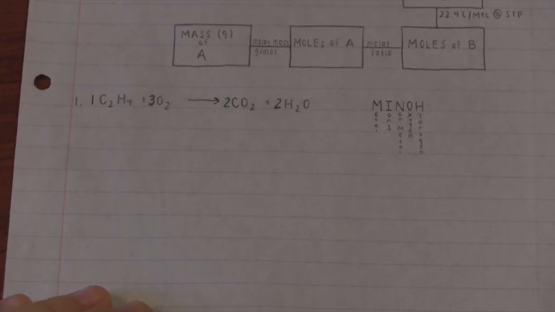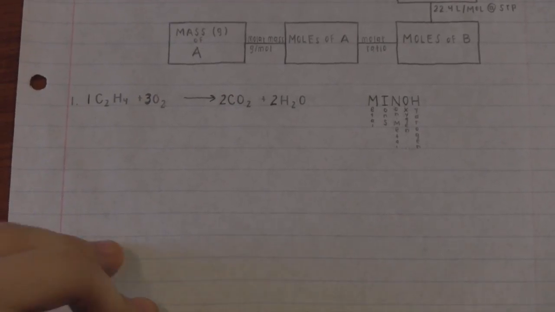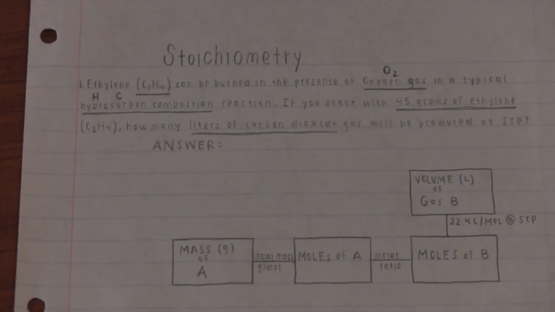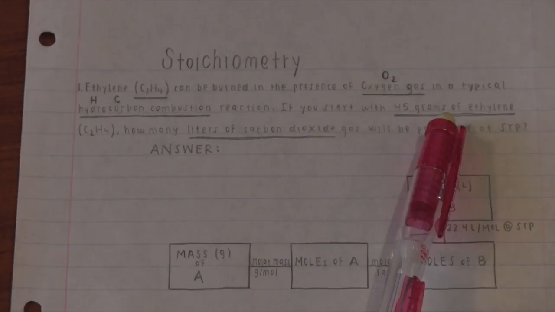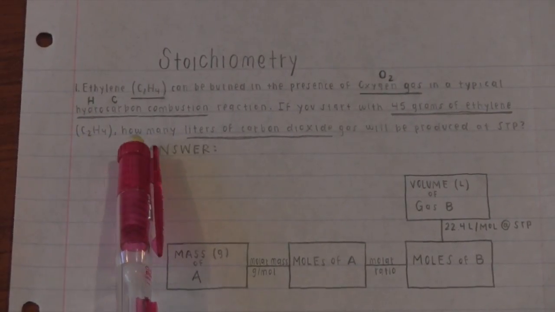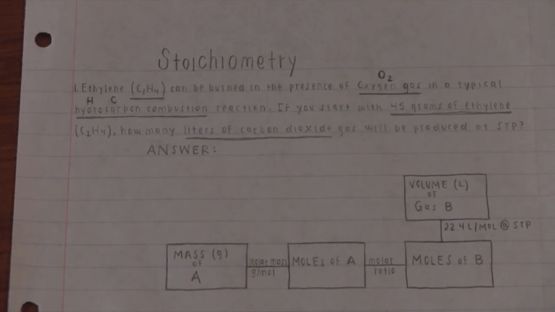The first thing you want to start with when setting up your stoichiometry dimensional analysis is the amount it gives you in the problem. It gives you 45 grams of ethylene, C2H4, but you want to get liters of carbon dioxide.